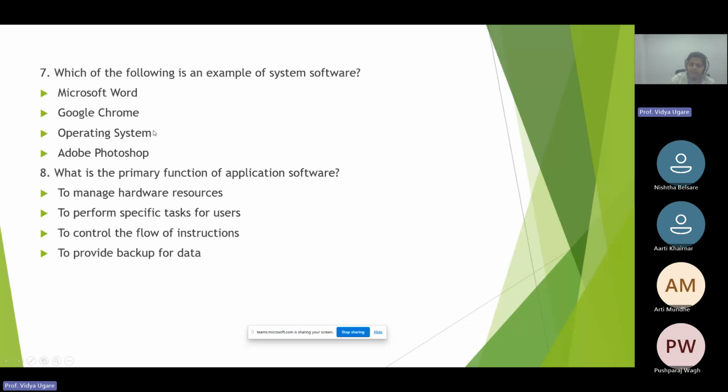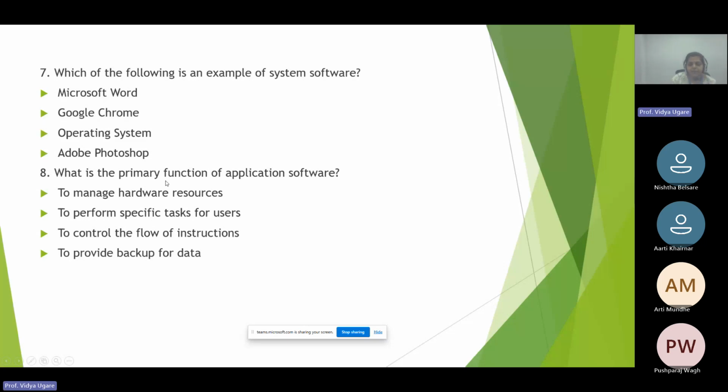Because BIOS is also part of our operating system, whereas Microsoft Word, Chrome, Adobe Photoshop, any antivirus software, any graphic software are something additional, which are nowhere mandatory for your computer to perform, right? So here the answer is operating system. Now instead of operating system, if the option was a firmware, let's say a BIOS, that is also right.